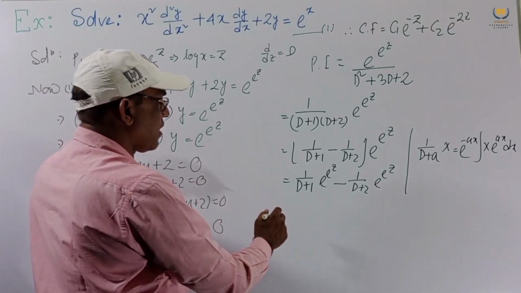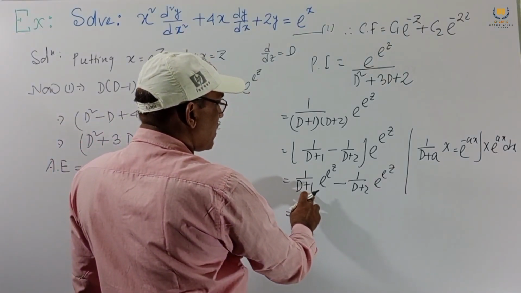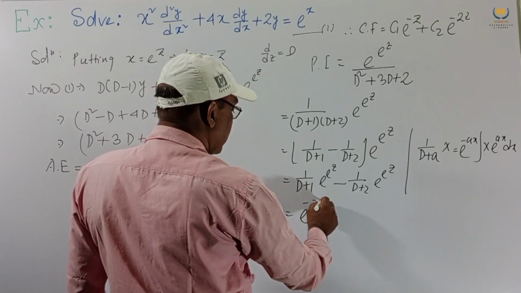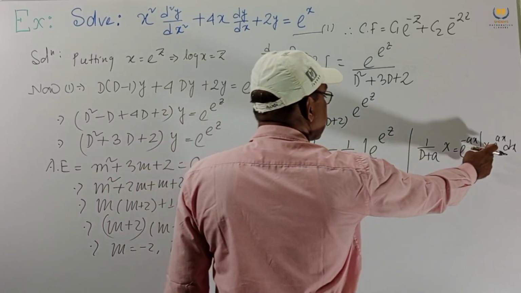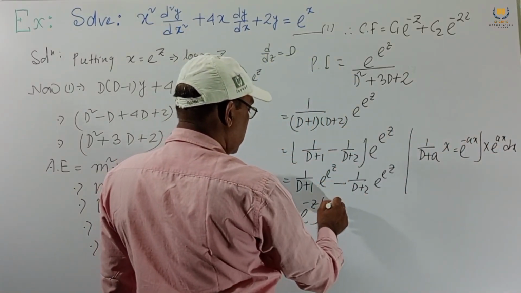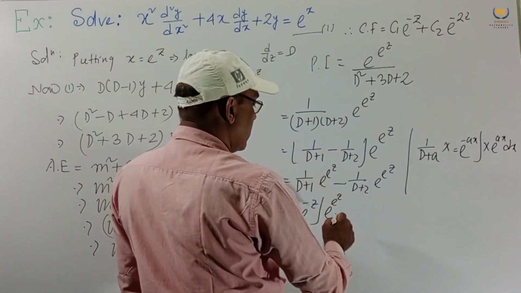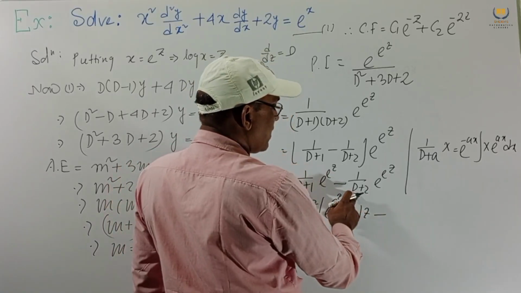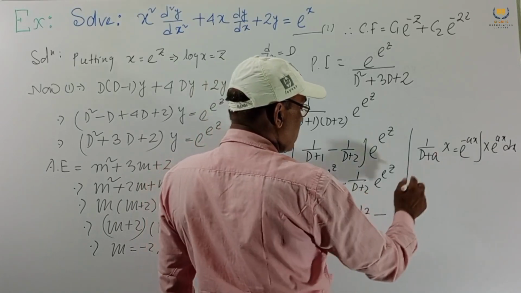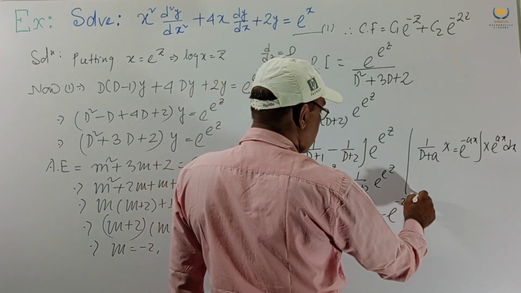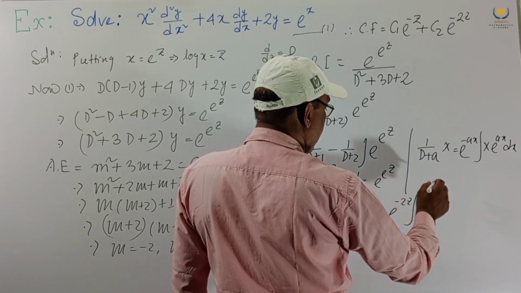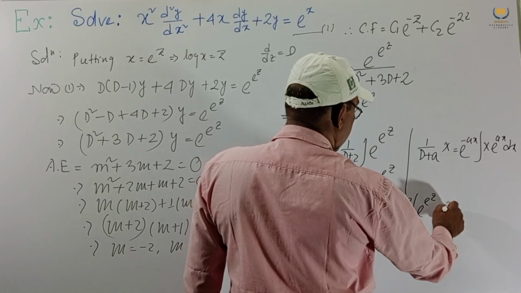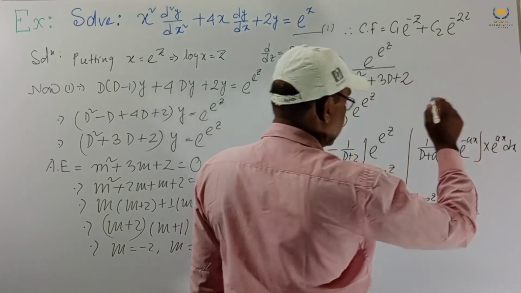So using this formula here, a means 1, then e^(−z) ∫ X means this one, e to the power eᶻ into eᶻ dz. Similarly here a means 2, then this will be e^(−2z) ∫ e to the power eᶻ e^(2z) dz.